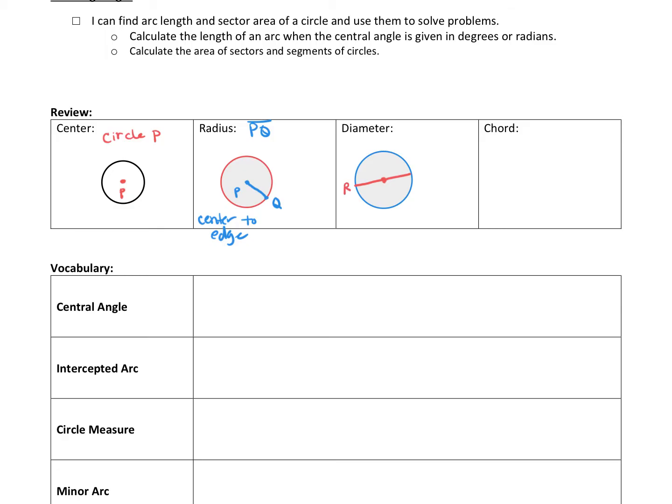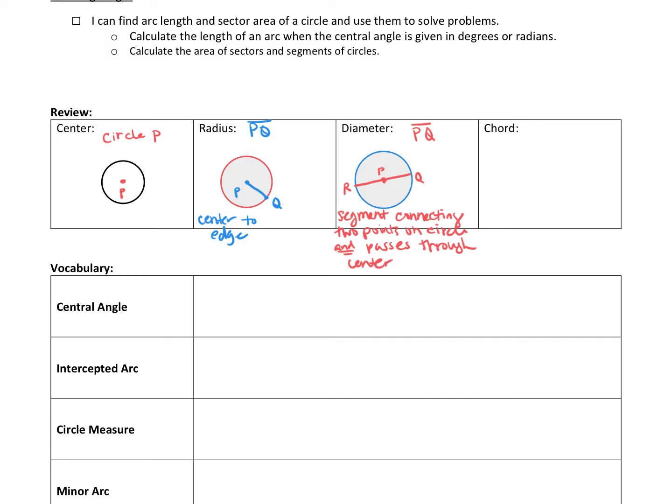So if this is point R, let's say we still have circle P, and this is Q. Our diameter is segment PQ, and in words, that would be the segment connecting 2 points on the circle and it passes through the center.